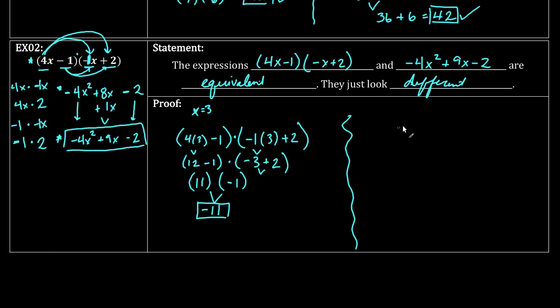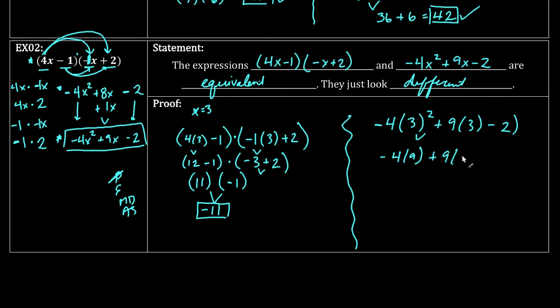Alright, so instead of writing this whole thing out, I'm just going to substitute: negative 4 times 3 squared plus 9 times 3 minus 2. Okay, so remember, we never forget PEMDAS. Everything in parentheses is done. We have an exponent. Negative 4 times 9 plus 9 times 3 minus 2.